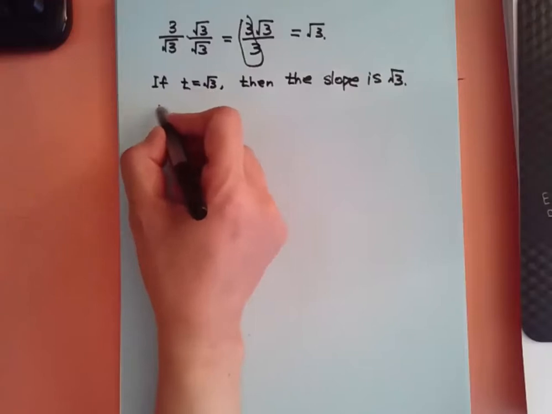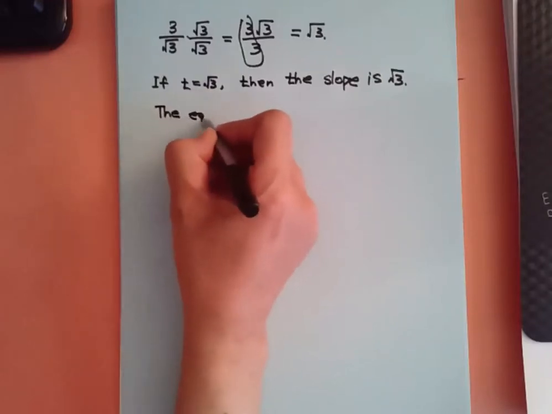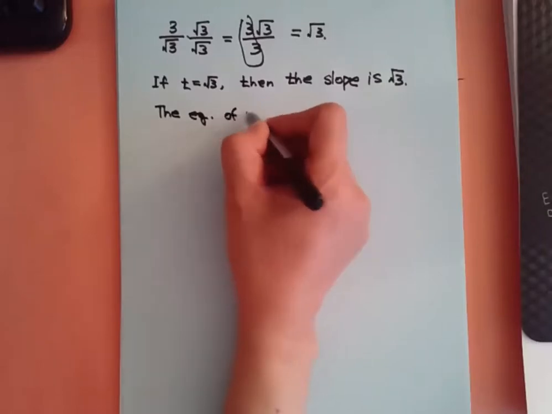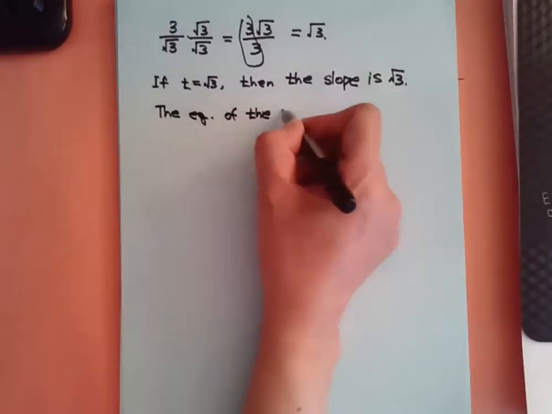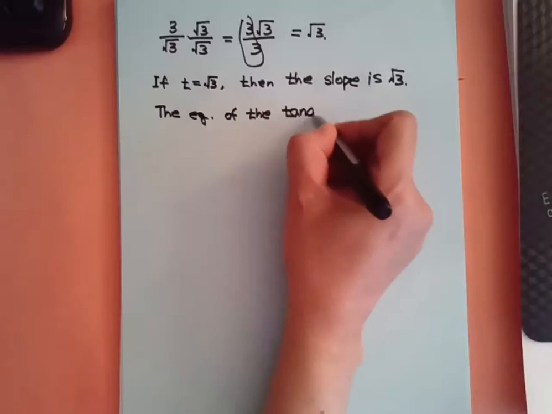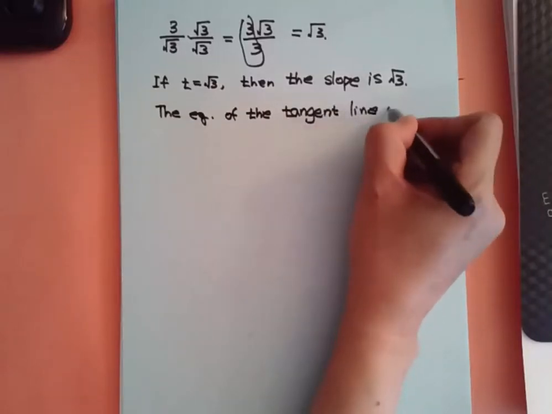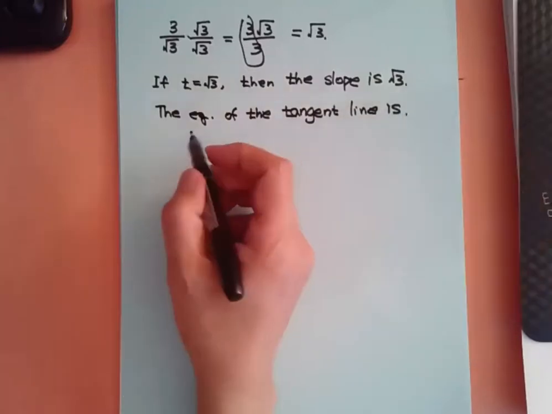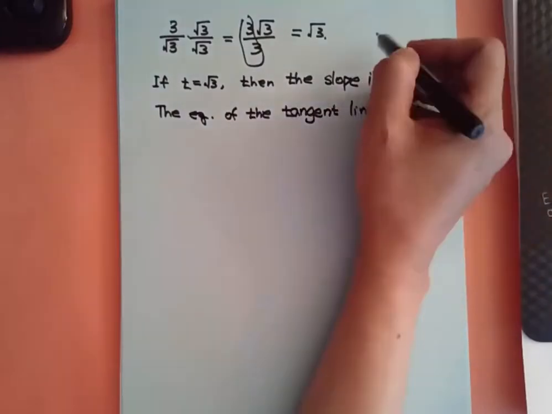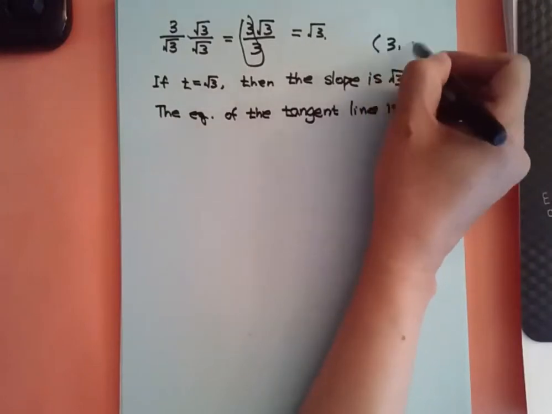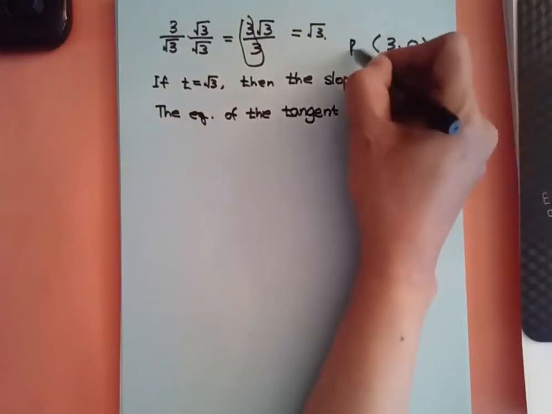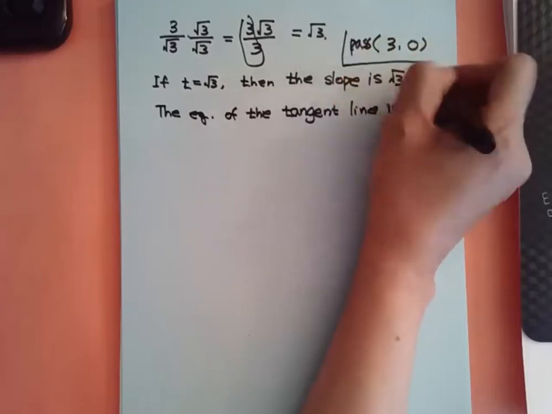We want to calculate the equation of the tangent line. At the beginning, it says it should pass this point, 3 and 0, right?